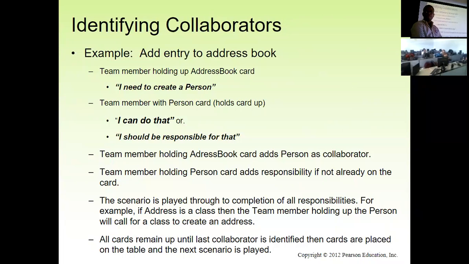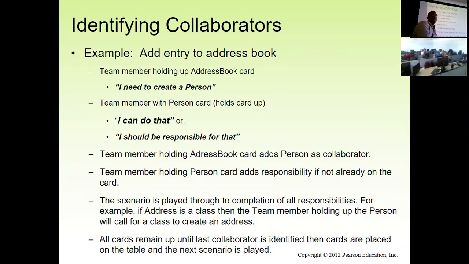So, here's an example. Suppose we were team members, Barbados and WJC, and I just said, I want to add an entry to an address book. Now, the team member holding the address book card might say, I need to create a person. The team member with the person card holds up and says, I can do that, or I should be responsible for that.